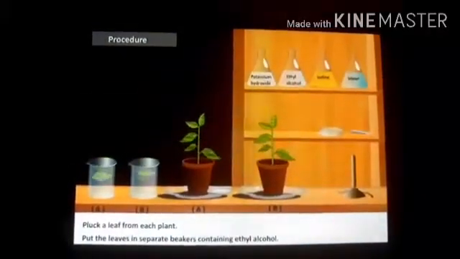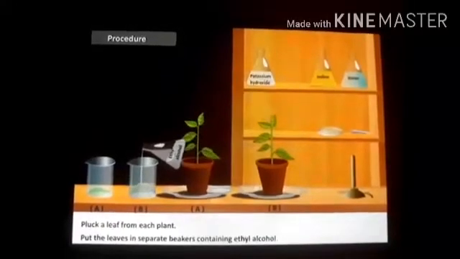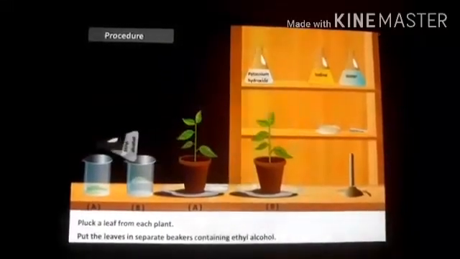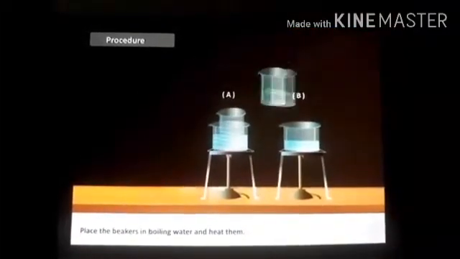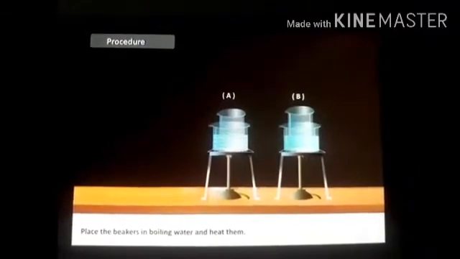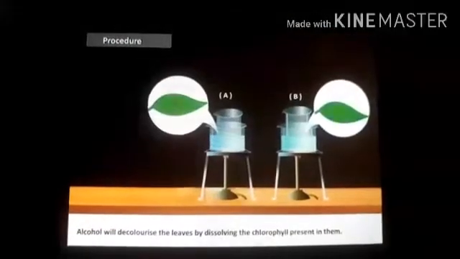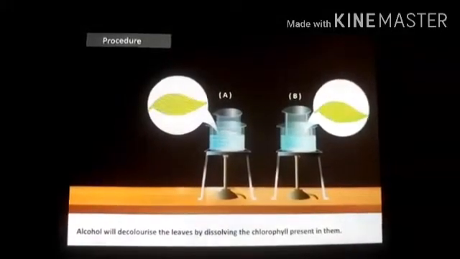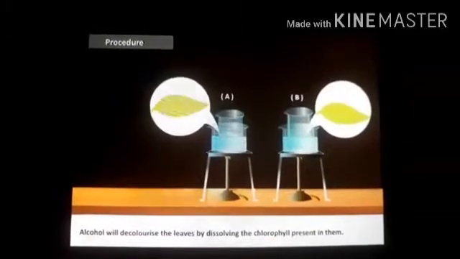Pluck a leaf from each plant. Put the leaf in separate beakers containing ethyl alcohol. Place the beakers in boiling water and heat them. Alcohol will decolorize the leaves by dissolving the chlorophyll present in them.